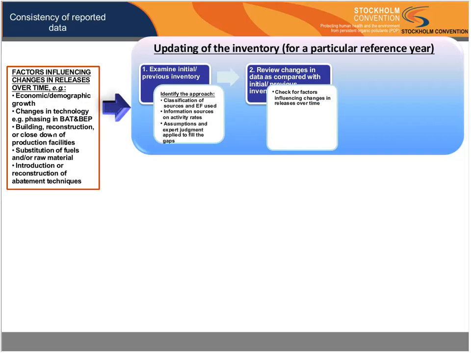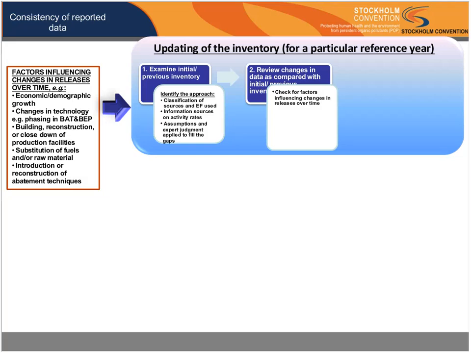Now, the major factors which could influence changes in releases over time are, for example, economic or demographic growth, changes in technologies, in particular through phasing in BAT and BEP, building or reconstruction or even closing down of production facilities, substitution of fuels, introduction of abatement techniques such as filters, for example, and also identification of new sources and many others.